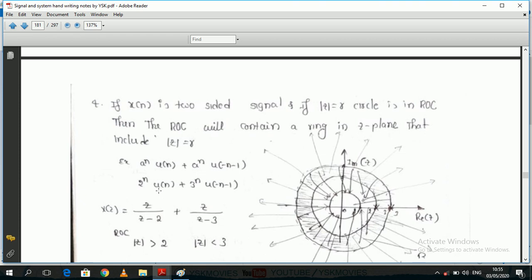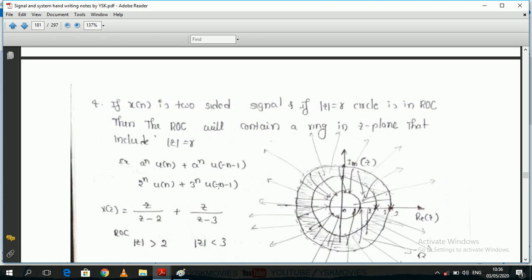First, given the problem, you should observe that 2 power n u of n is nothing but a right-sided sequence. That means you know very well, before solving the problem, that the ROC is outside of the circle.